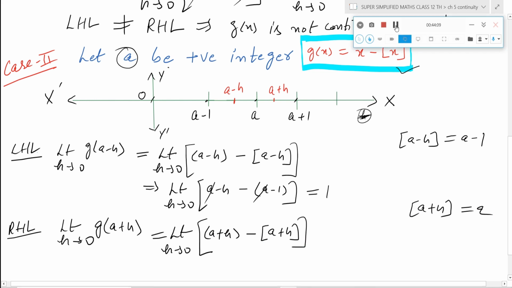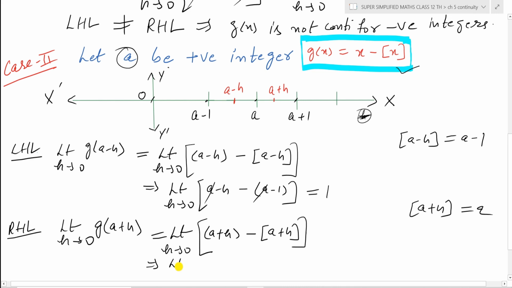Now we know that the greatest integer function of a plus h will be equal to a. So the value that comes out to be limit h tends to 0, a plus h minus a gets cancelled, h becomes 0, so its value is 0.